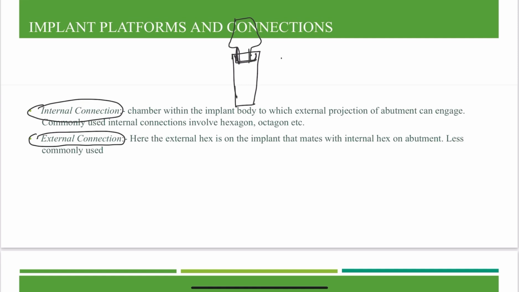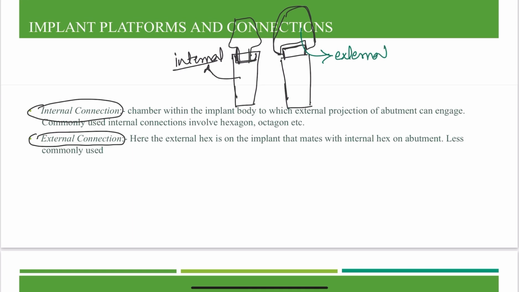In external connection, what we see is the hex is outside the body of the implant, and now the abutment would come and sit over it. So this is internal, and this one is external.